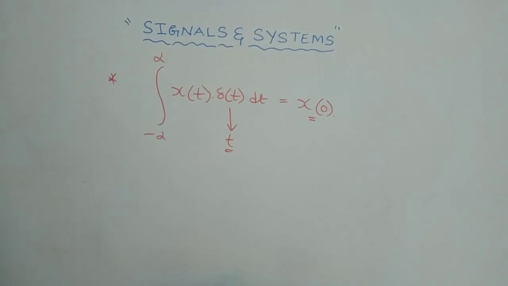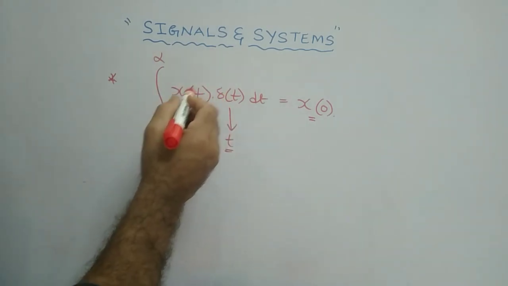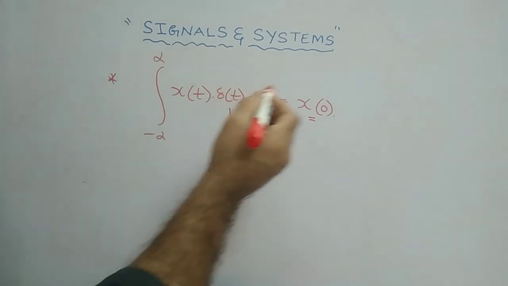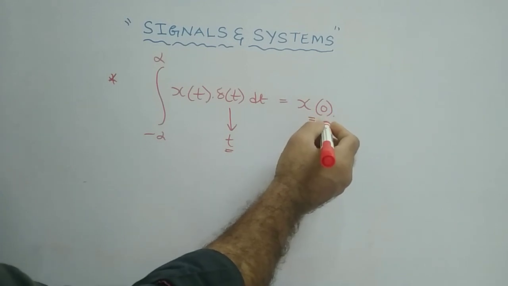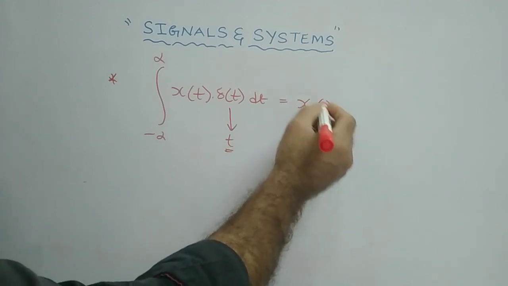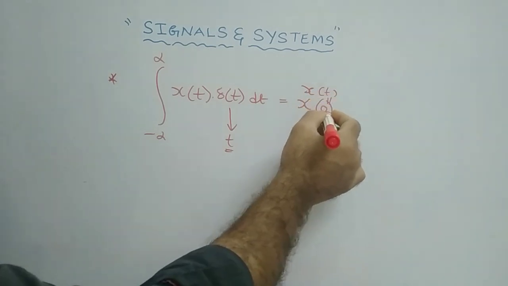Clear? So based on this, you will expect some important questions. If you solve some questions, then you will understand very clearly. I think there is nothing too difficult to understand here. X of t multiplied with delta of t, then your x of t will come, where t is substituted as 0. Why have we applied 0?